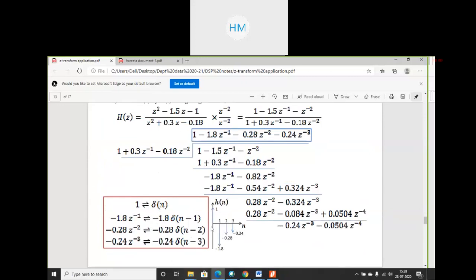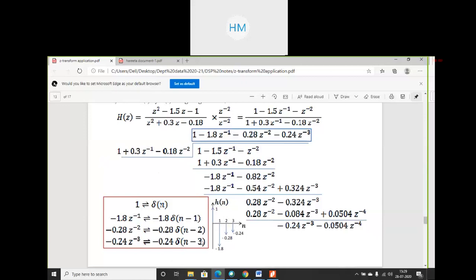Okay. Then I will plot this on the graph. How will I plot? On the X axis I will mark all the n's, the independent variable: 0, 1, 2, 3, 4. For this numerical, I have to plot only 4. At n equal to 0, I have 1.